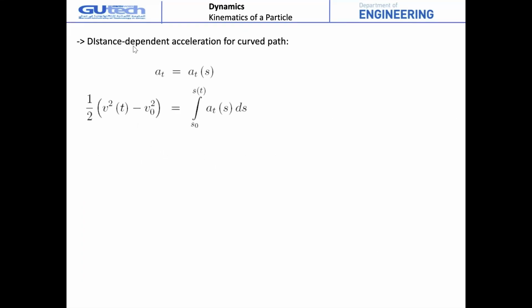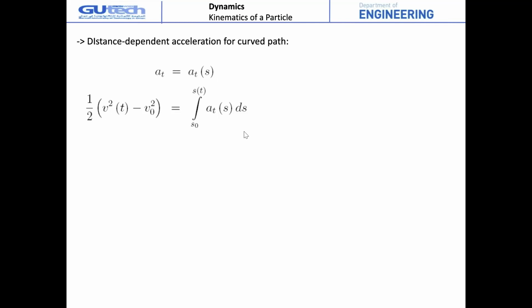We take the case of distance-dependent acceleration for a curved path. Then it means that here we have AT, which depends on the position or the path.